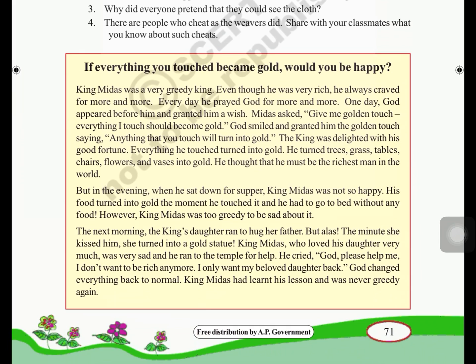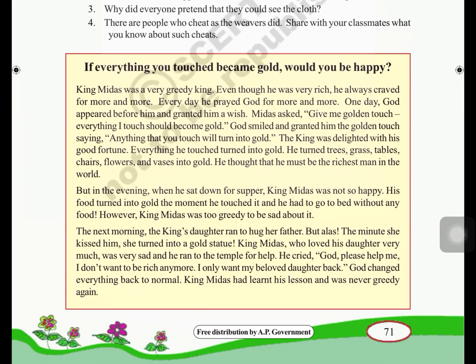Then he had to go to his bed with an empty stomach. However, King Midas was too greedy to be sad about it. He wants to be the richest man in the world. So he did not take it as a great matter. Okay, nothing happens. He was not sad also.